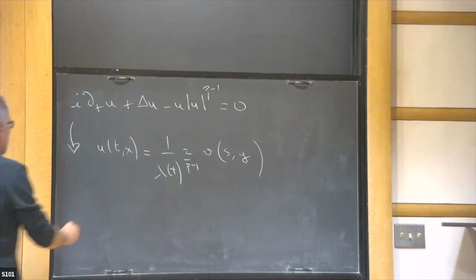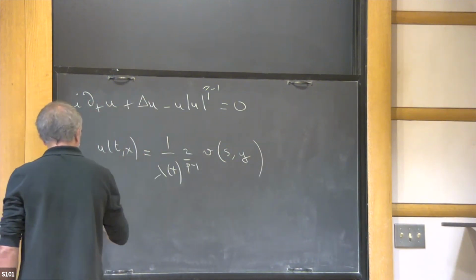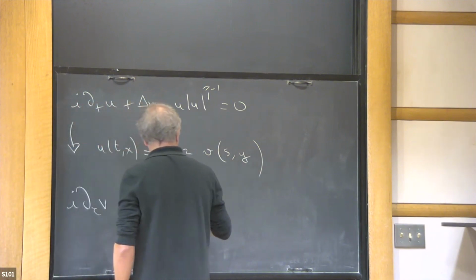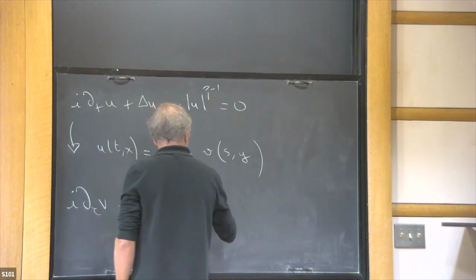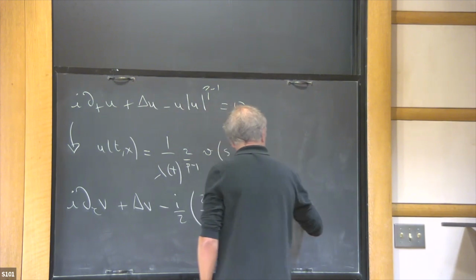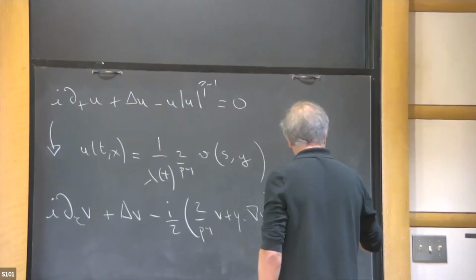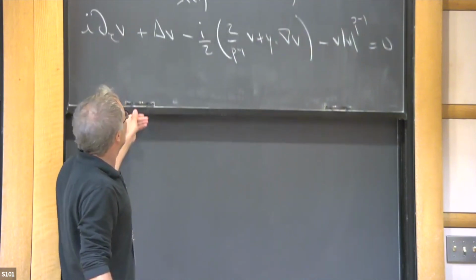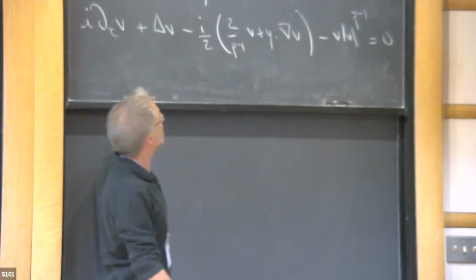You will get the self-similar equation, the same I theta plus Laplace, minus I 1 over 2, 2 over 2 minus 1 d, plus d. But now you have minus d, P minus 1 equals 0. You want to find global solutions of this equation that remain of size 1.